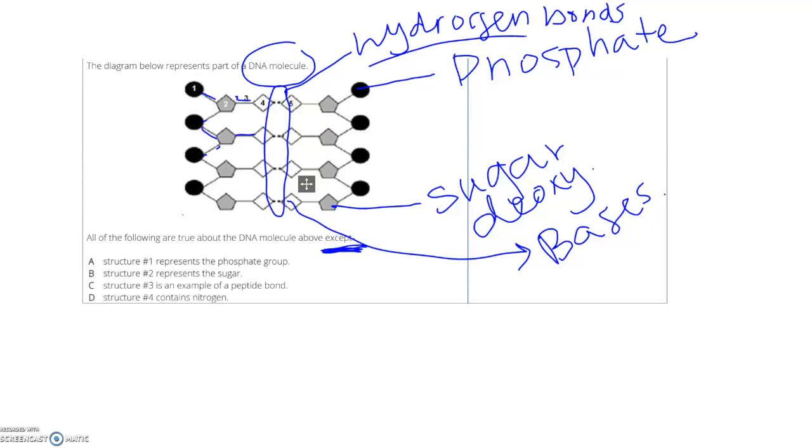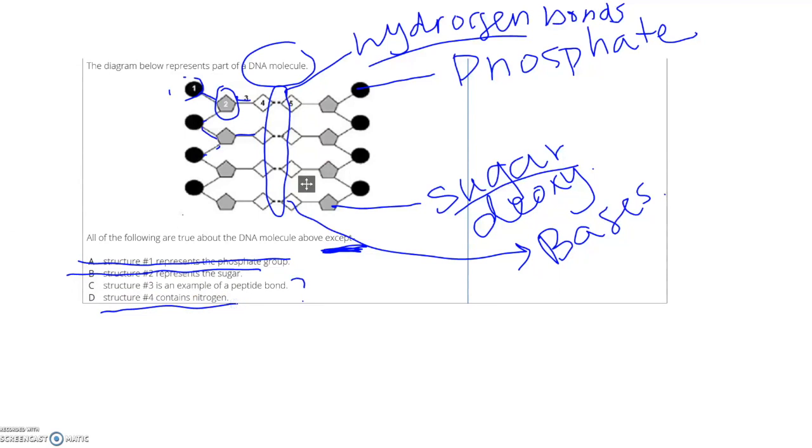So let's read this. It says structure 1 represents a phosphate group. Structure 1, phosphate. True, so we cross it out. Number 2 represents a sugar. Also true, so let's cross that out. Structure 3 is an example of a peptide bond. 3, no idea, because we don't care about those bonds, right?